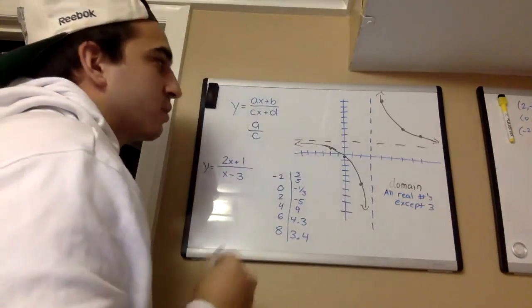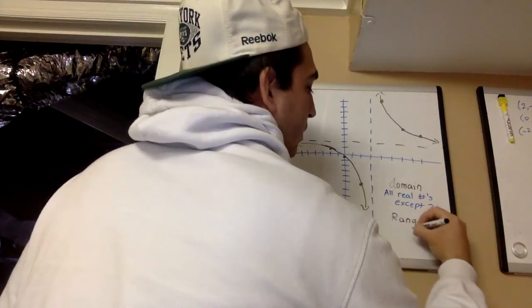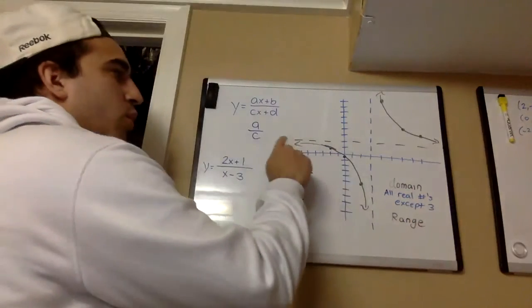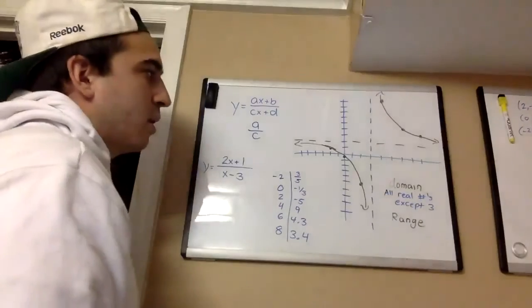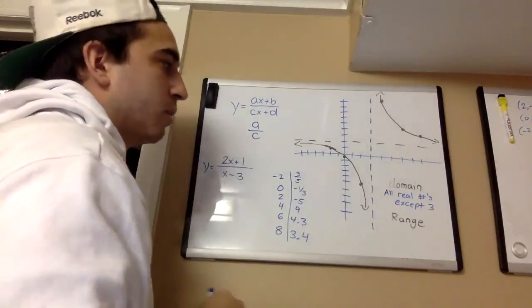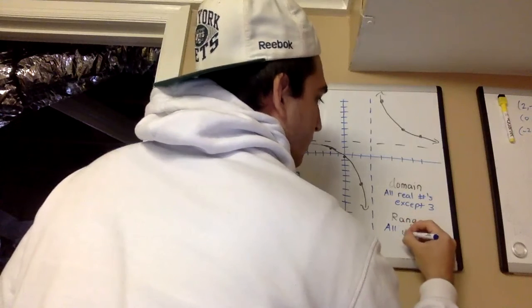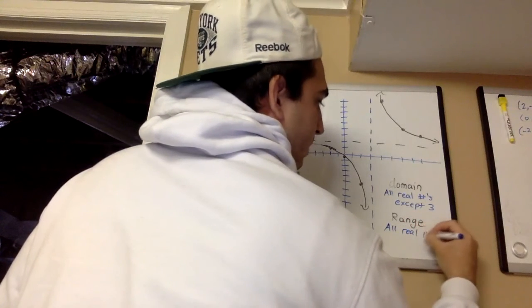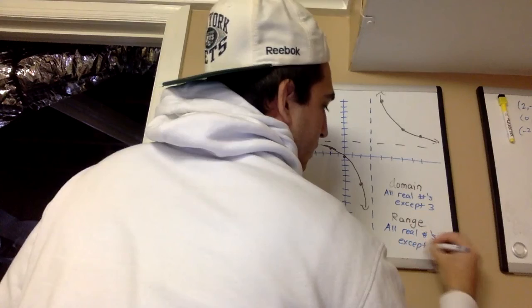And now for range, range is the same exact thing, except we're dealing with y values. So the only y value that does not count in this graph is when y is equal to 2. So you write the same exact thing. You say all real numbers except 2.